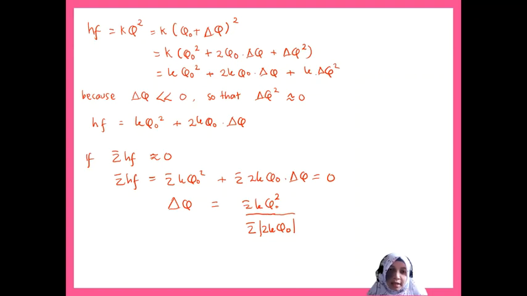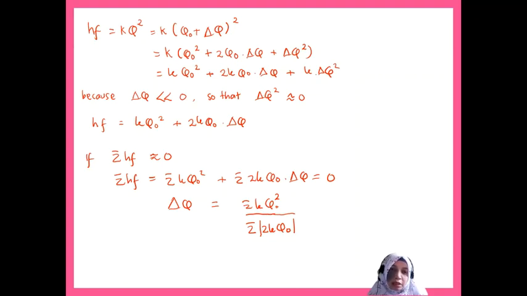And we can write in the mathematical operation K times the bracket QO square plus 2 times QO times delta Q plus delta Q square, equals K QO square plus 2K times QO times delta Q plus K times delta Q square.